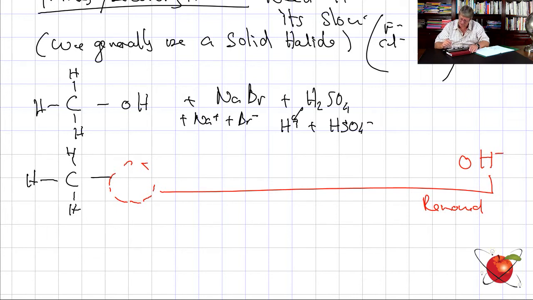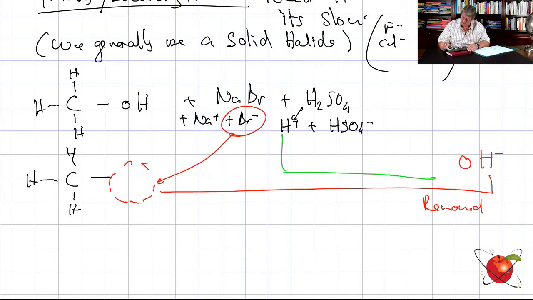Into the red slot goes my Br. My H plus that links to form the water comes from the acid. It's a diprotic acid, so 2 protons are coming across from there to there.